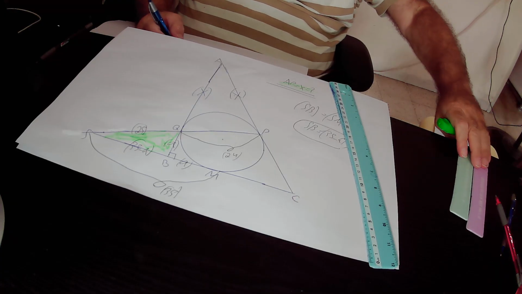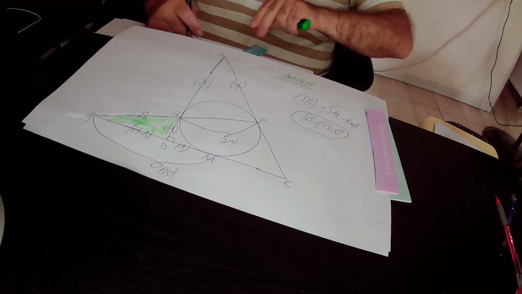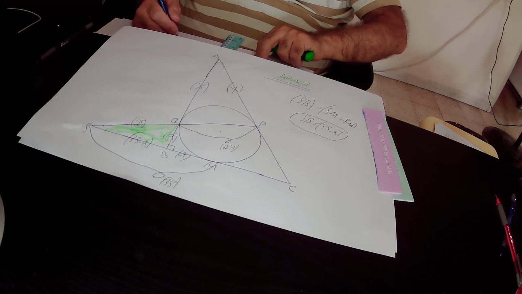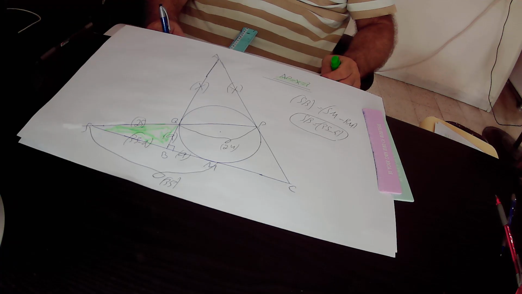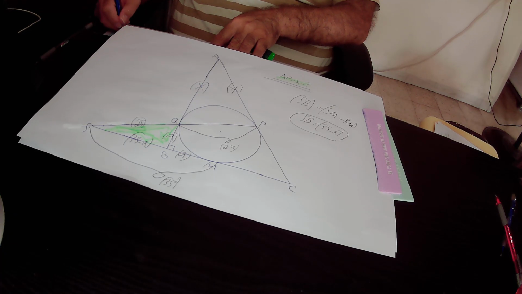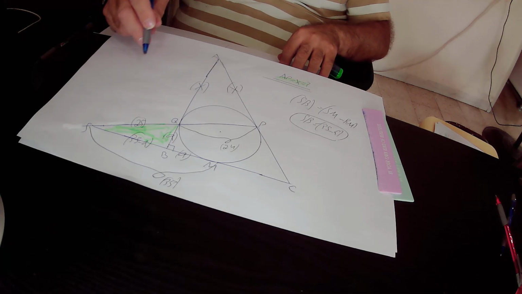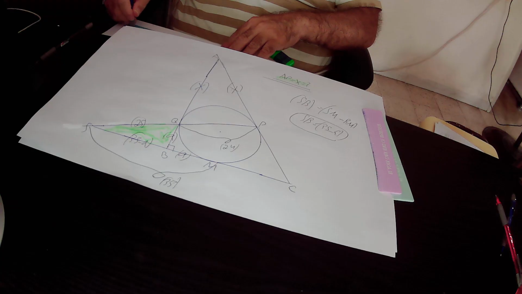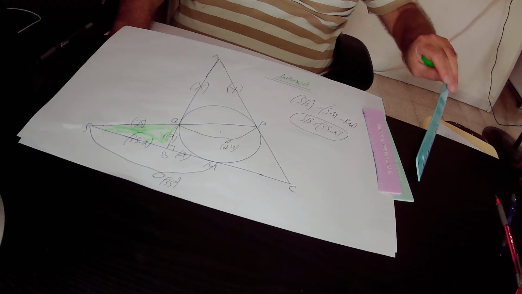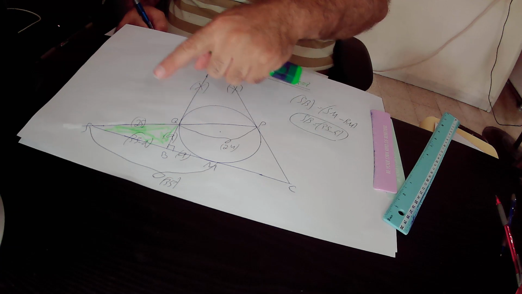According to the Pythagoras theorem, QS squared, that is the square of the hypotenuse, equals QB squared plus BS squared.